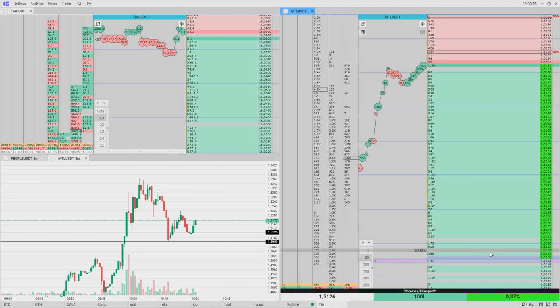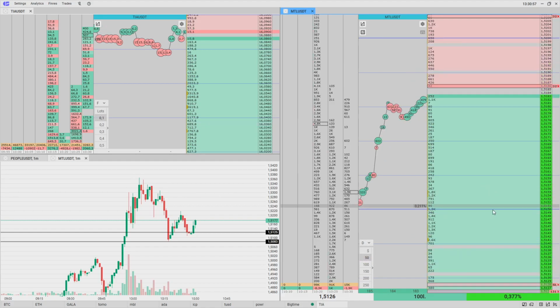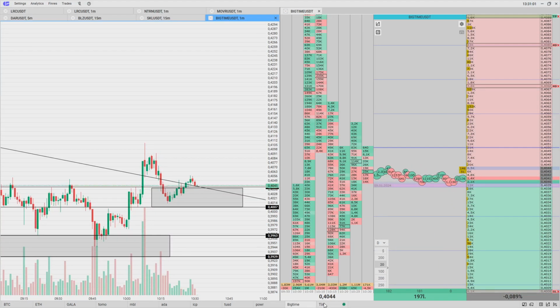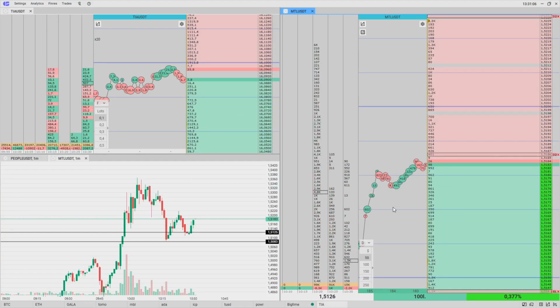We can place a stop loss at the break-even point. In big time, we are still waiting. Sometimes several zones could hedge each other, as you see.